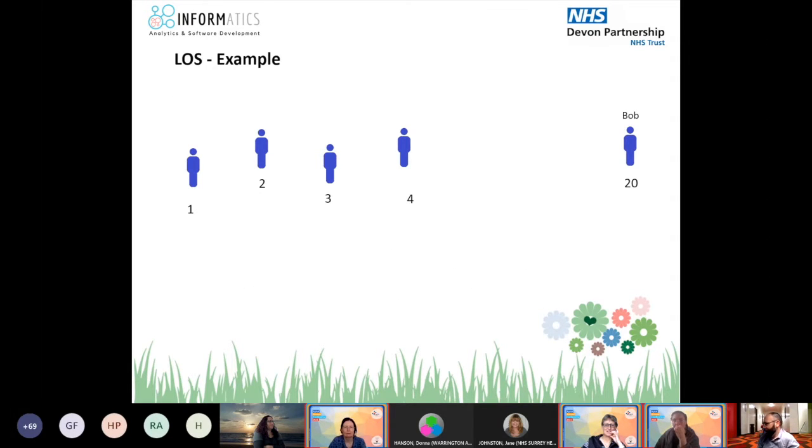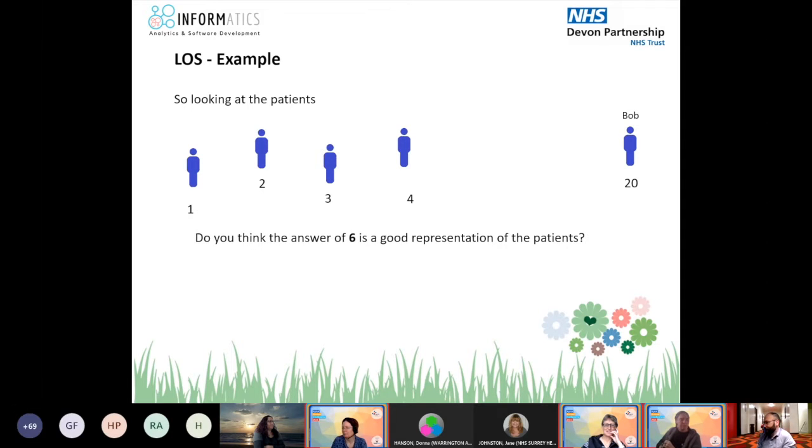So I guess the question is, looking at the patients and that spread of distribution, is 6 a good representation of that average? 80% of the patients are below 6. And then the remaining 20% of patients is way above 6. So is 6 a good representation of that patient group?